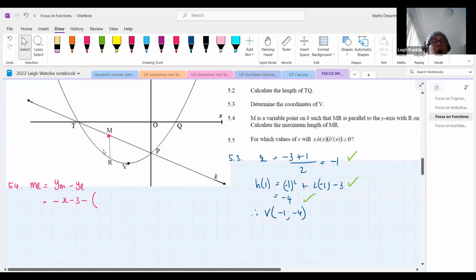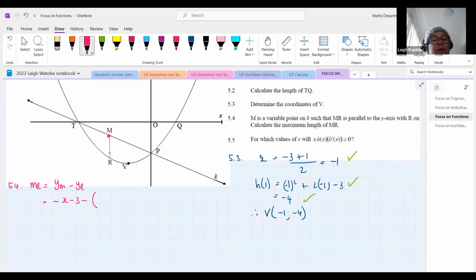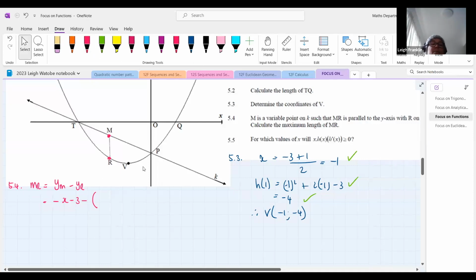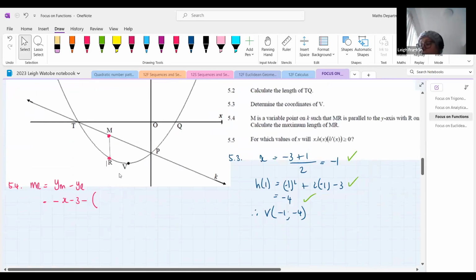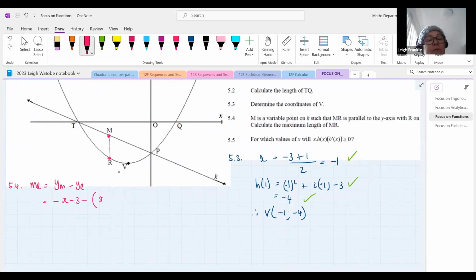The y at R is a point on the parabola. So if I go up and have a look, that's h of x. That's x squared plus 2x minus 3. So this is x squared plus 2x minus 3.